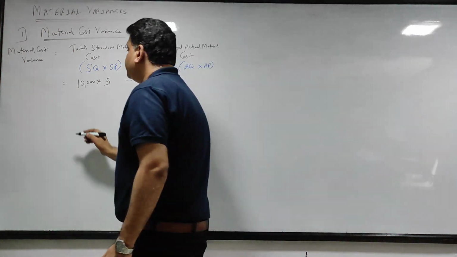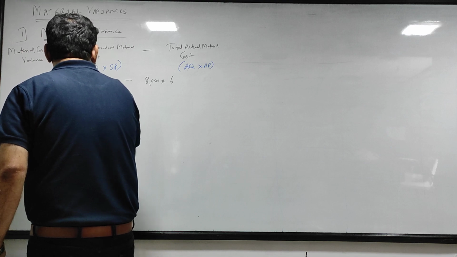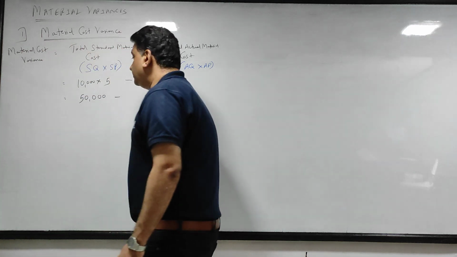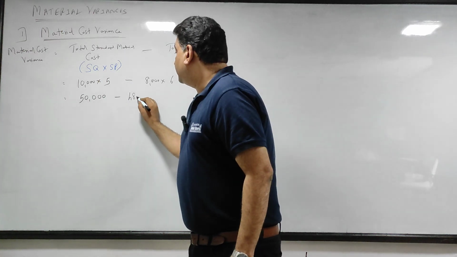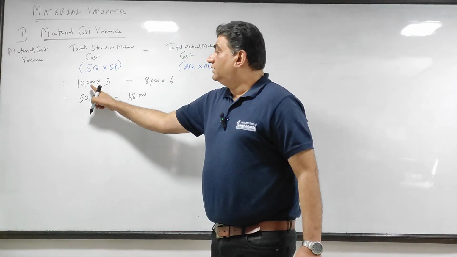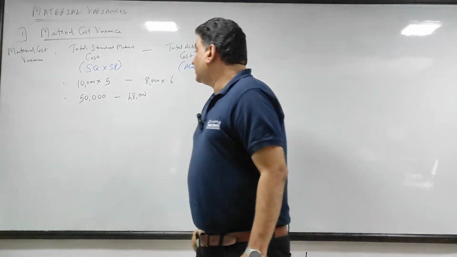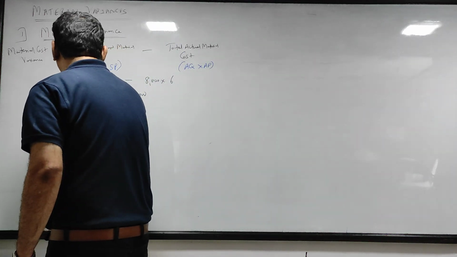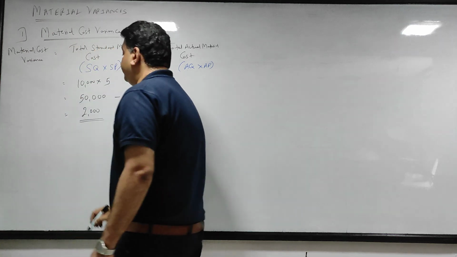Okay, so now see, 10,000 into 5, 50,000, minus 8,000 into 6, 48,000. So 2,000 is my difference.